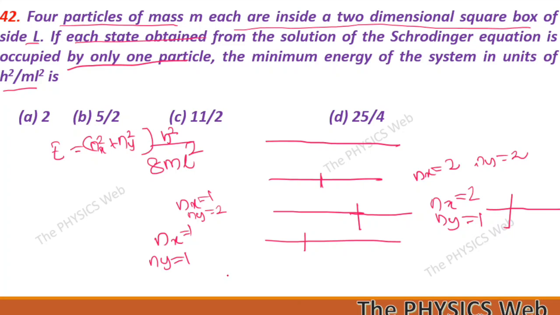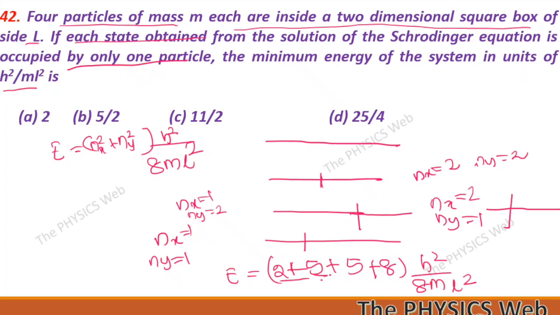So the total energy will be 2 plus 5 plus 5 plus 8, times ħ² by 8mL². So this will be 2 plus 5 is 7, plus 5 is 12, plus 8 is 20, by 8, times ħ² by mL². So this will be 5 by 2 ħ² by mL². So B is your correct option.